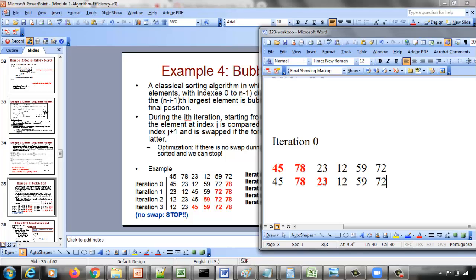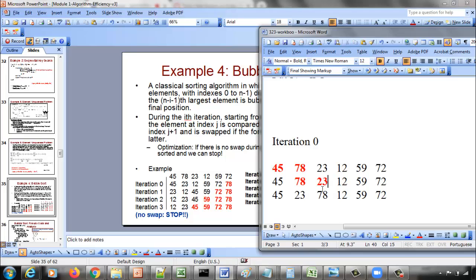If the array has to be sorted, this is not the right way the two values should be, because 78 is on the left and is greater than 23, the element to its right. So we have to swap them. So the array becomes 23, 78 and 12, and then the rest is as it is. So we compare these two index values.